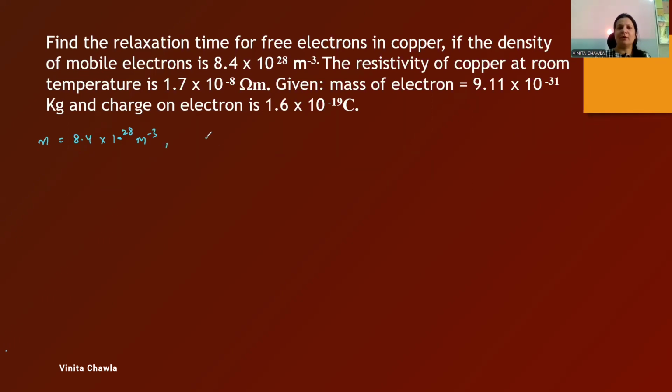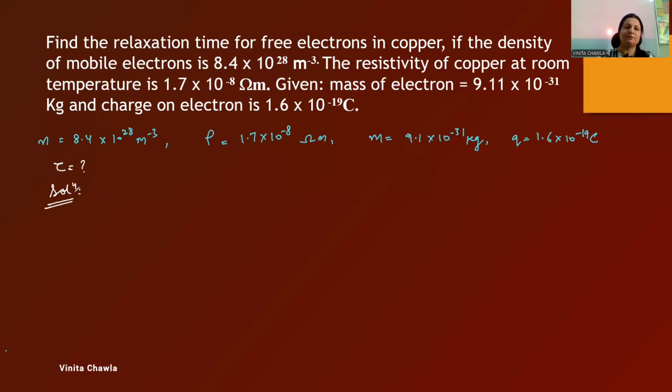Resistivity of copper at room temperature is 1.7 into 10 raised to the power minus 8 ohm meter. Mass of electron is given. It is 9.1 into 10 raised to the power minus 31 kgs. And charge on electron is 1.6 into 10 raised to the power minus 19 coulomb. We have to find relaxation time. कैसे करोगे? बताओ.